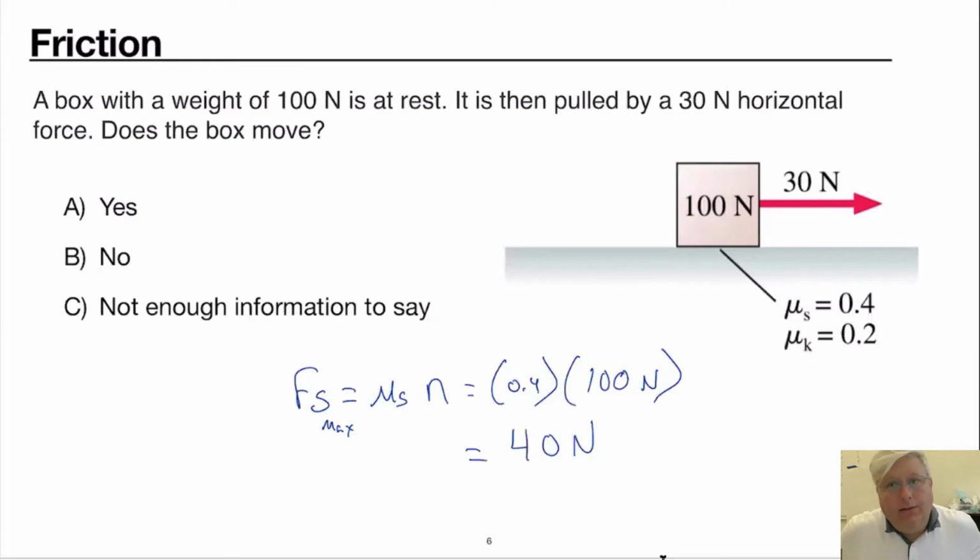In order to get this object to start moving, to overcome static friction, we need to apply at least 40 newtons of pull. If we apply 30 newtons horizontally, like the question says, we're not going to get this object to start moving. We need to pull with at least 40.